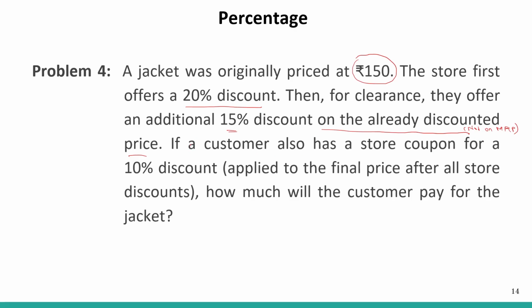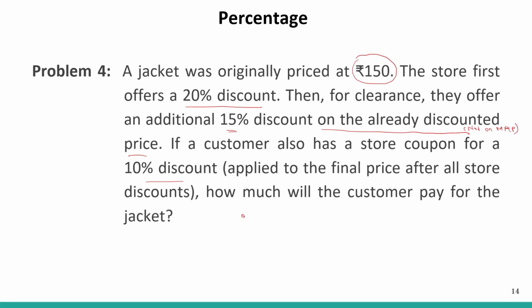If a customer also has a store coupon for a 10% discount, how much will the customer pay for the jacket? The 10% discount is applied to the final price after all the store discounts.